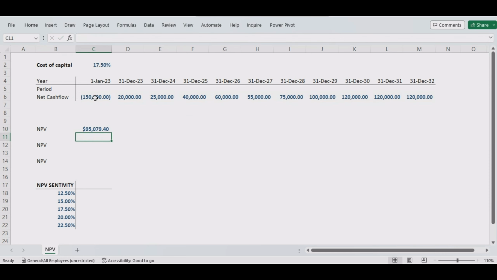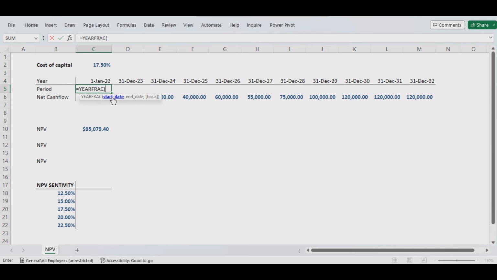You get that 95,000 say dollars or kwacha, but this value is not correct. The NPV function in Excel has got a bug which has not been corrected. Let me show you why it's incorrect and why you should not use this function like this. You need to have it corrected.